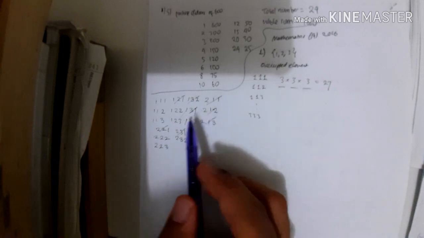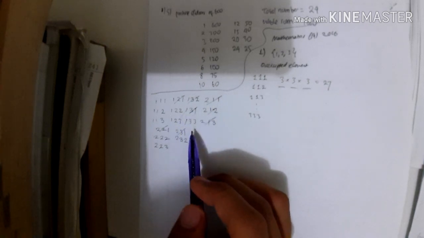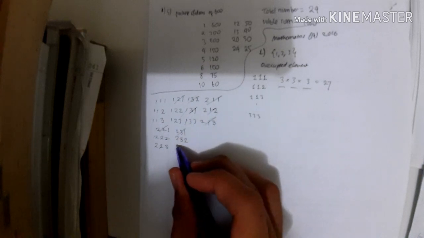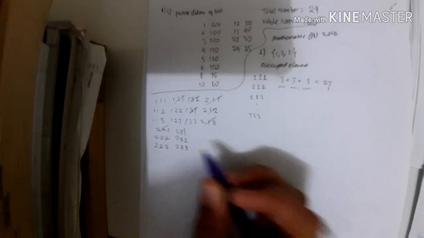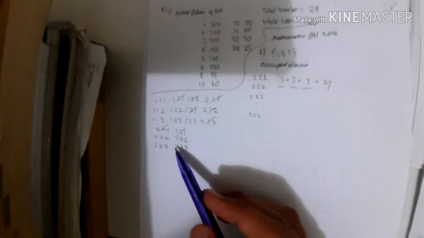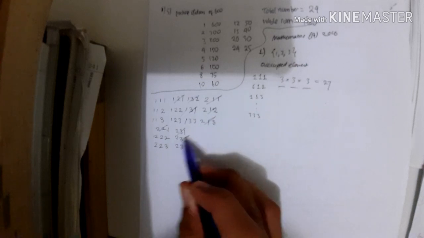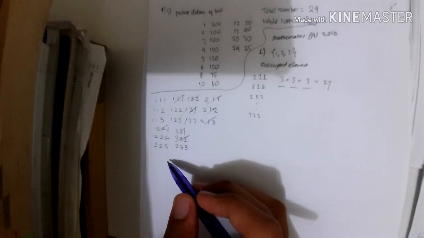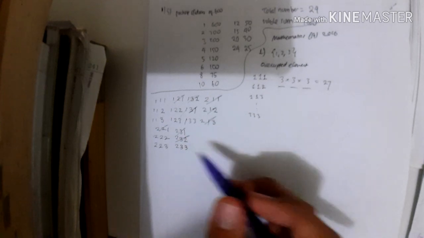Then 232 is prohibited because of 223, the same elements in a different order. 233 is possible.